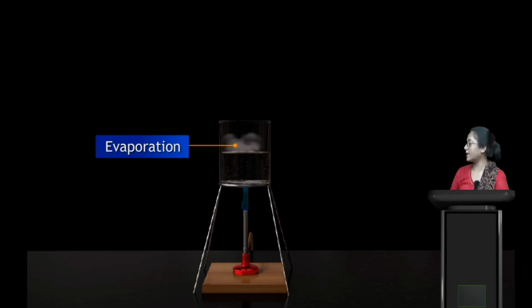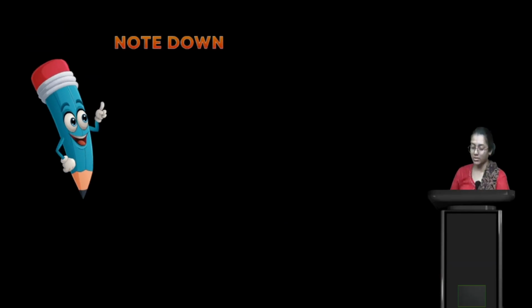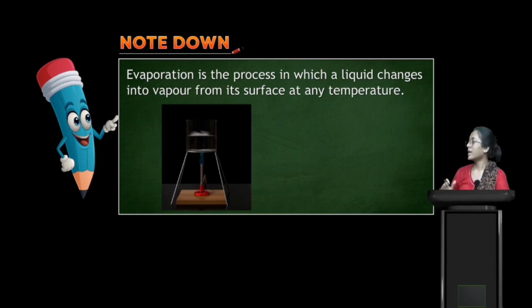Then there is another case, which is known as evaporation. What is evaporation? Note down, everyone. Evaporation is the process in which a liquid changes into vapor from its surface at any temperature.